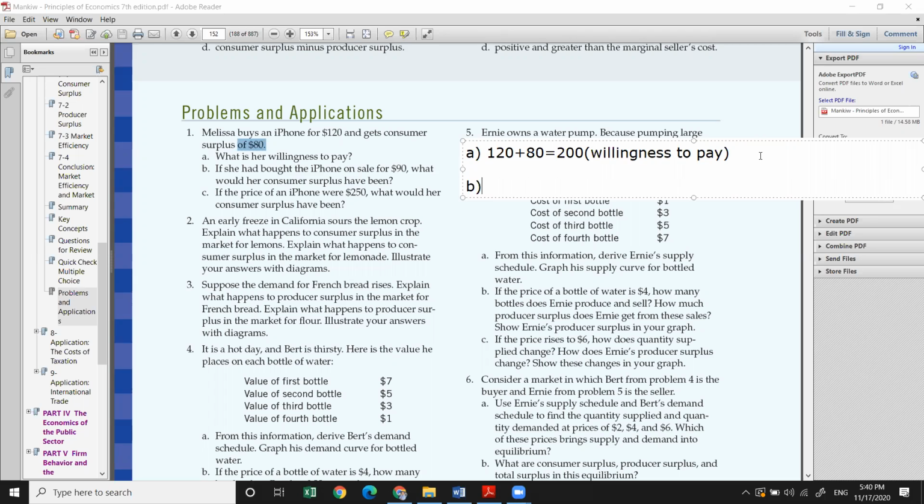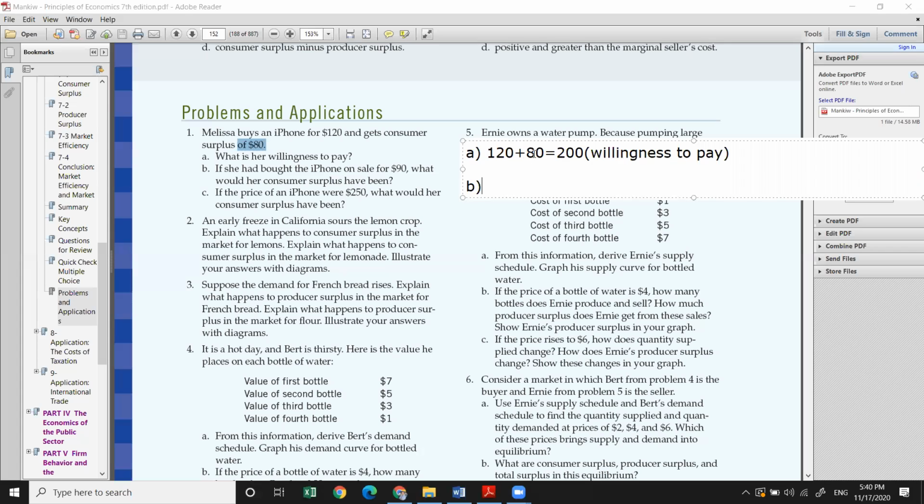In order to find what would be the consumer surplus in this case and how much money she has paid, we know this one and we know the price that she paid. So willingness to pay is equal to consumer surplus plus the price paid.